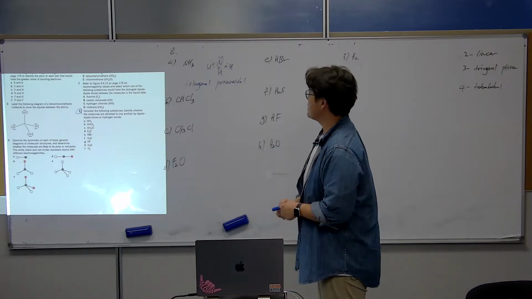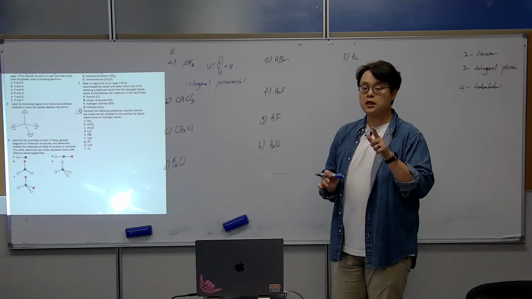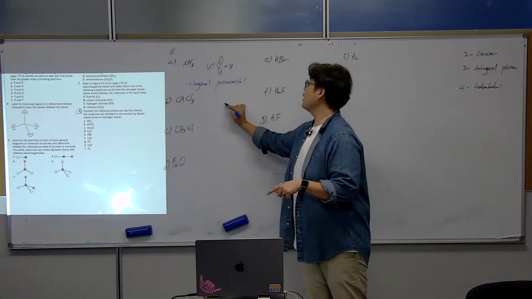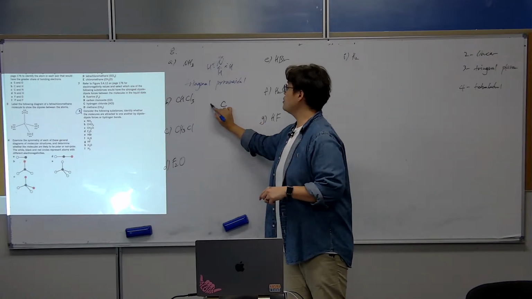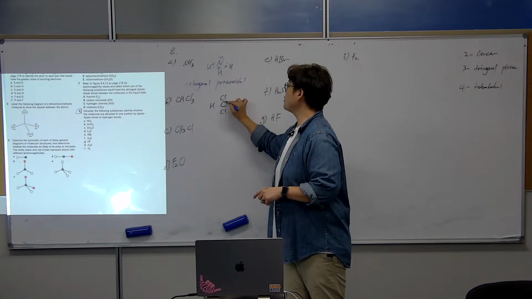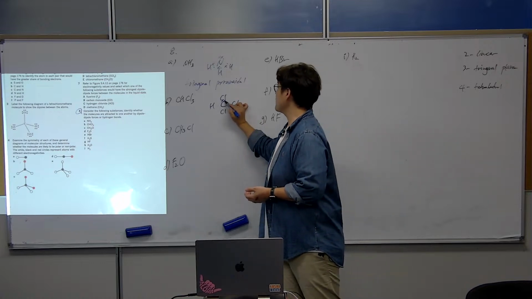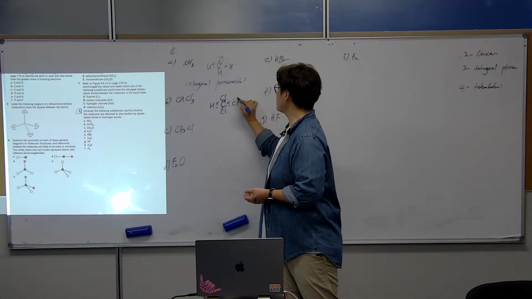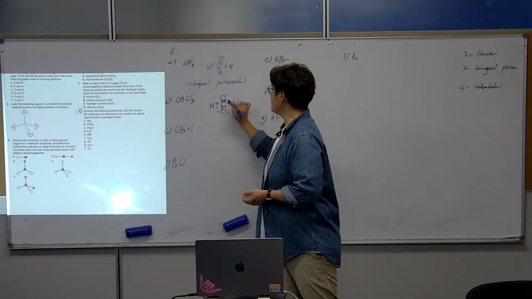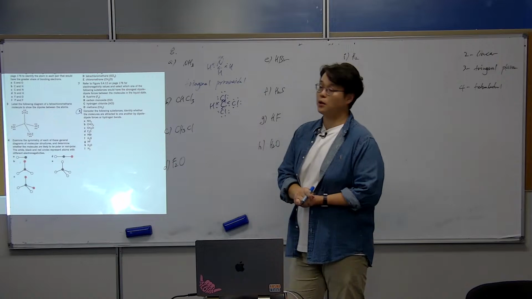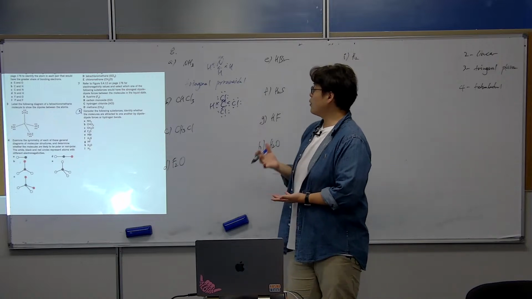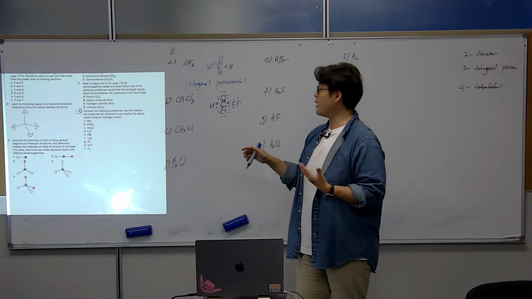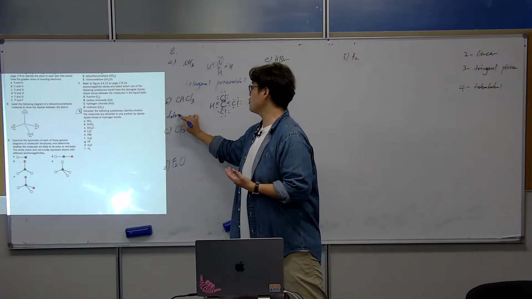Second, we have CHCl3. C, carbon is the central atom in the center. We have a hydrogen and 3 chlorines, and show the bonds like this. Yes, you need to show every single missing bond like that. And what we have is 4 attached to the central atom without losing any due to a lone pair. And the shape is known to be tetrahedral.